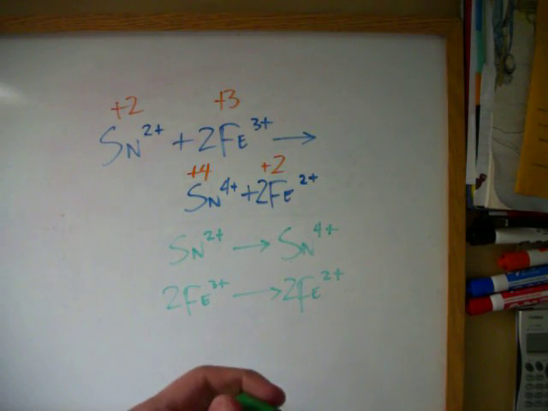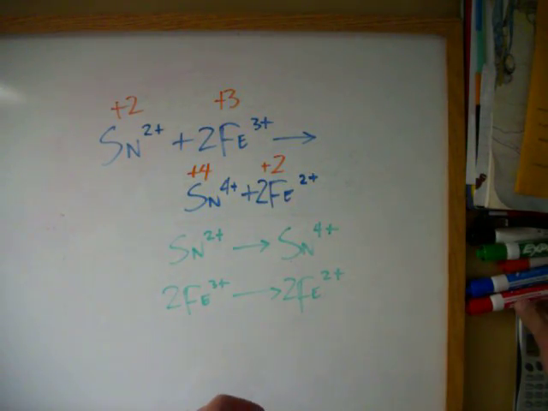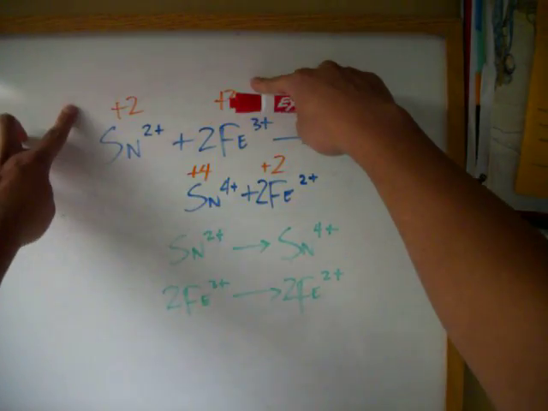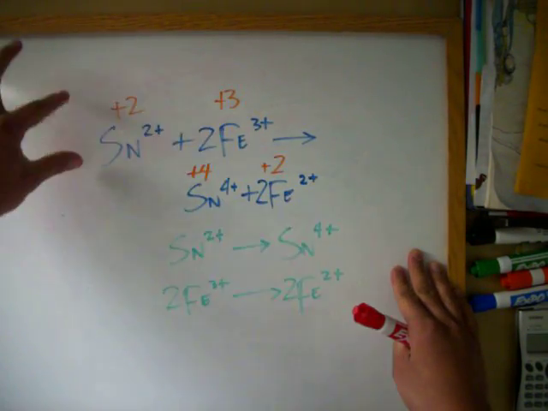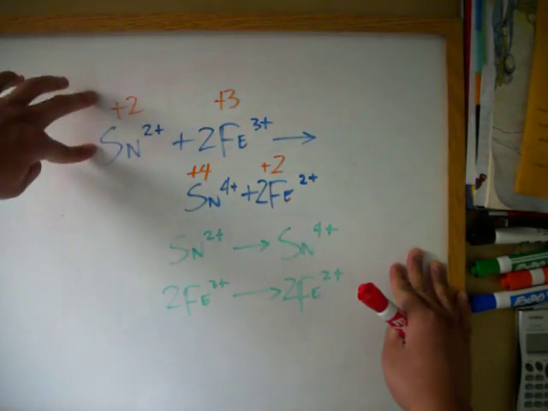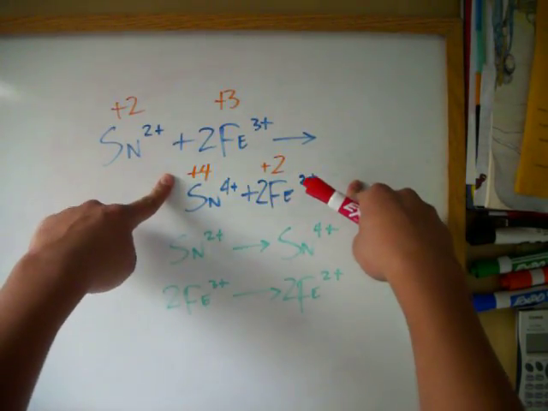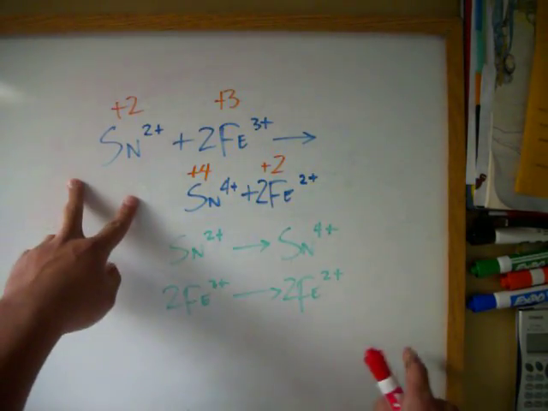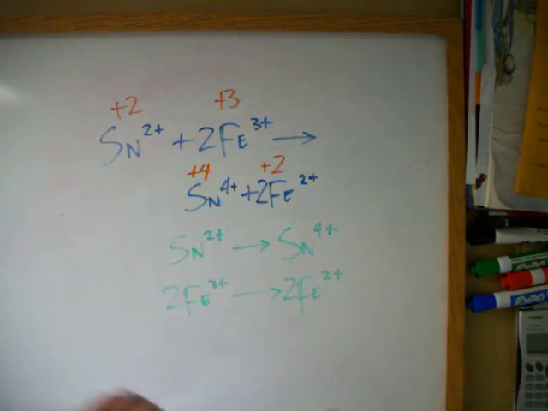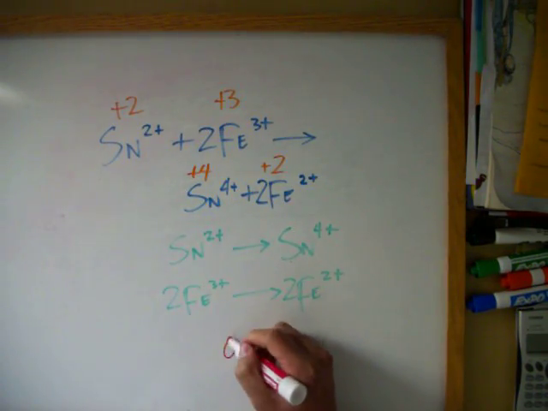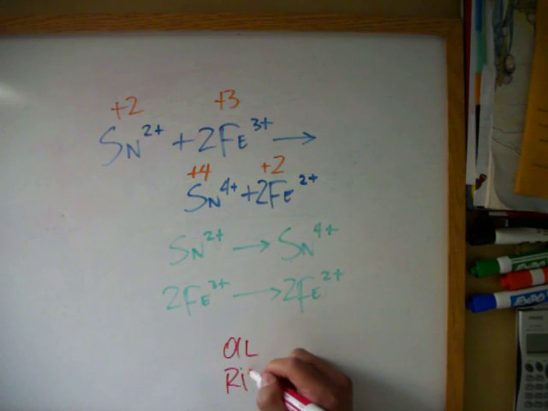So which one is being reduced and which one is being oxidized? We can tell by the charges. On this side of the equation, tin has a plus 2 charge, and on this side it has a plus 4 charge. So remember this, OIL RIG.